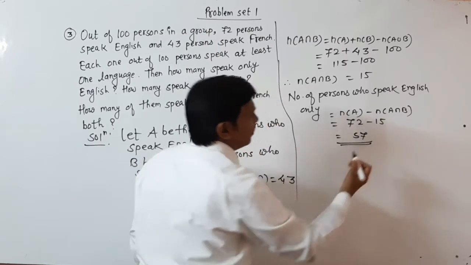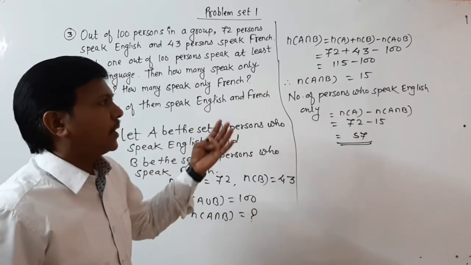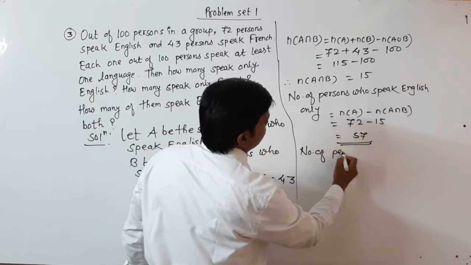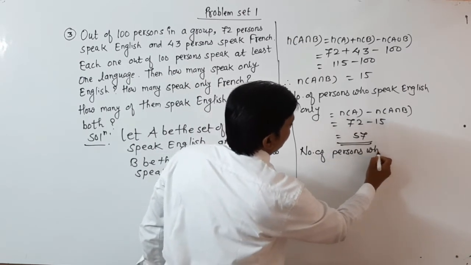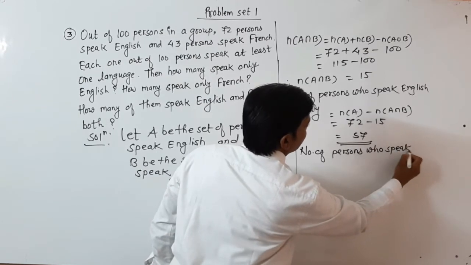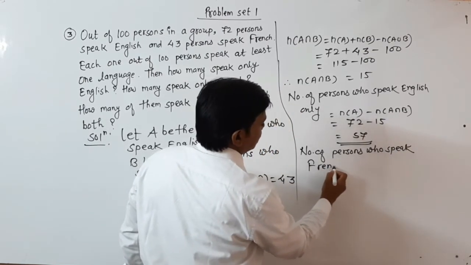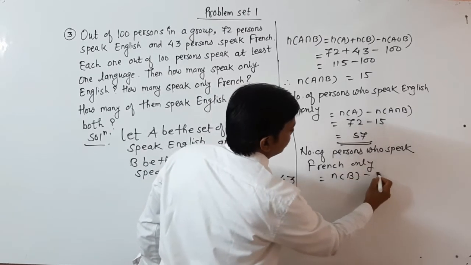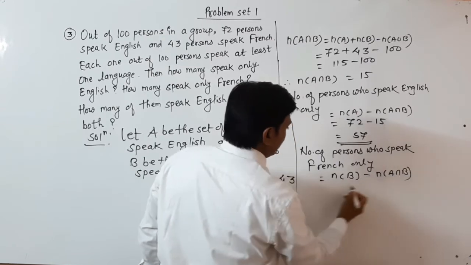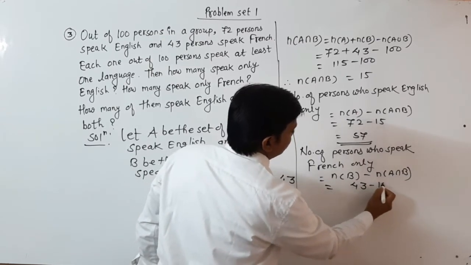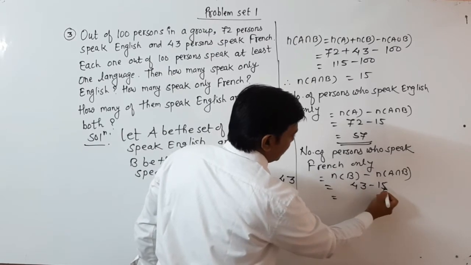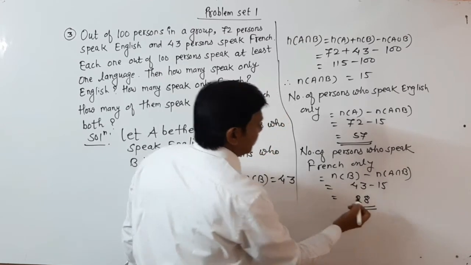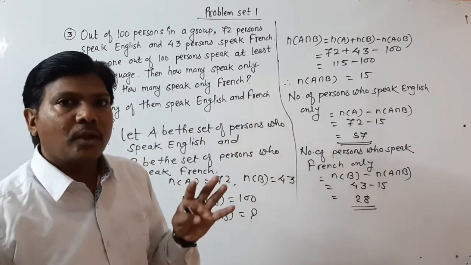So 57 persons speak English only. Similarly, the number of persons who speak French only is NB minus N of A intersection B. So 43 minus 15. 13 minus 5 is 8, and 3 minus 1 is 2. So 28% speak only French.